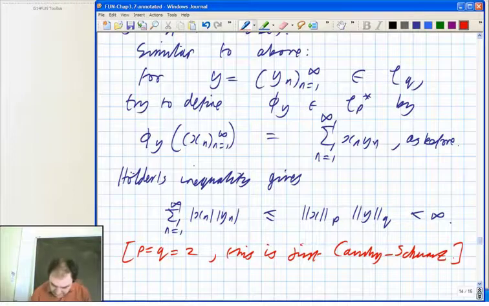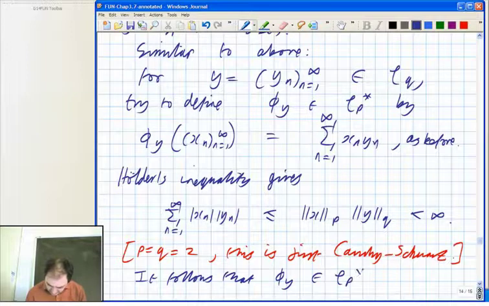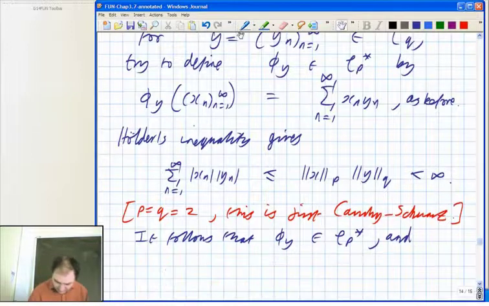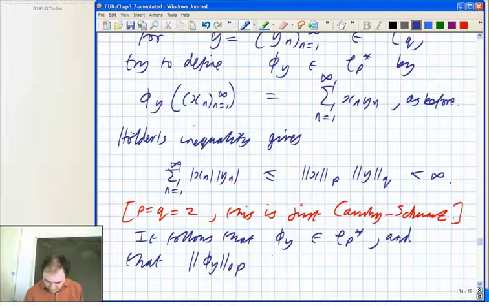So this is a good start. So it follows that Vy is in lp star, and that the operator norm is less than or equal to norm yq.